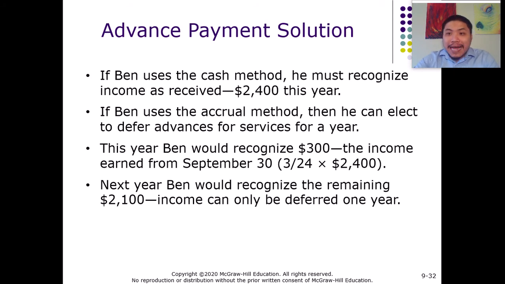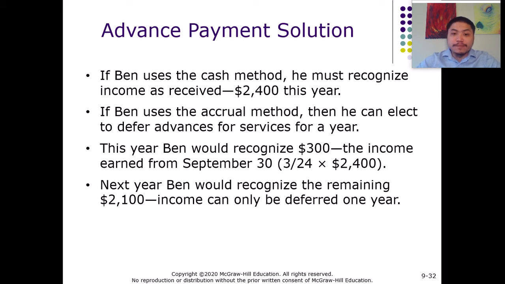But under the tax purpose, even though in the first year he can recognize $300 because that's what he's earned, he has to recognize the rest of the $2,400 in the second year because he can only defer for 1 year. So you can see the difference between financial reporting purpose and tax purpose. For tax purposes, the IRS, Congress, the government, they want to accelerate the recognition of income.